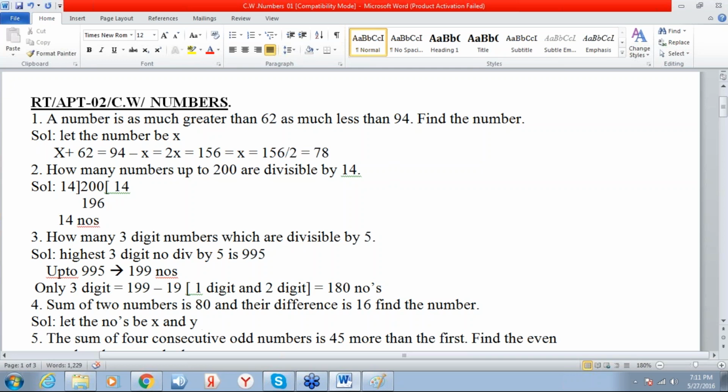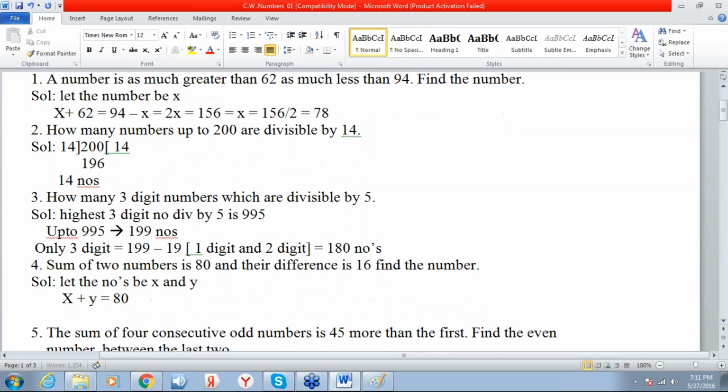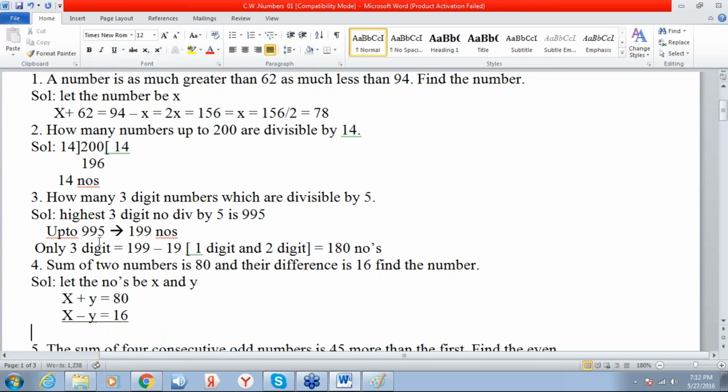According to the question, x plus y is equal to 80 and x minus y is equal to 60. Then here y is cancelled. Both y's are cancelled.